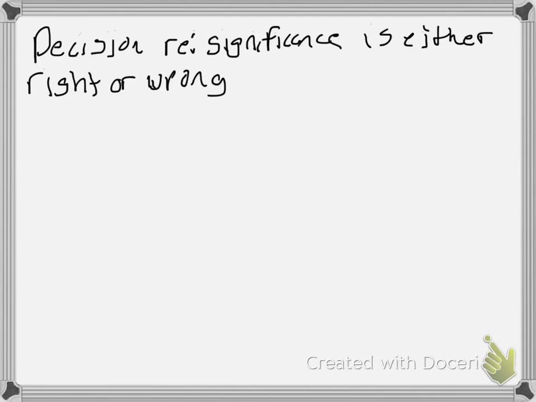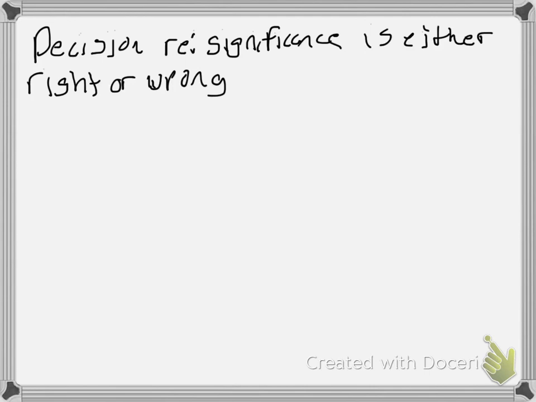Now, there are two types of errors that can be made. We're going to spend a little bit of time on this today because this is something that you really need to understand, and I'm going to show you an example that makes a lot of sense.